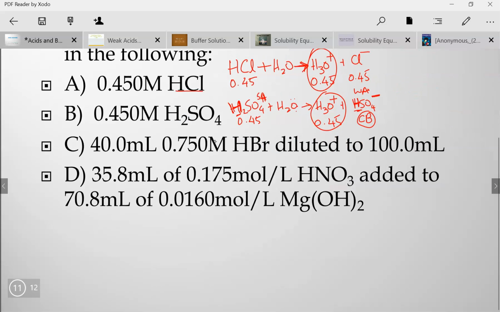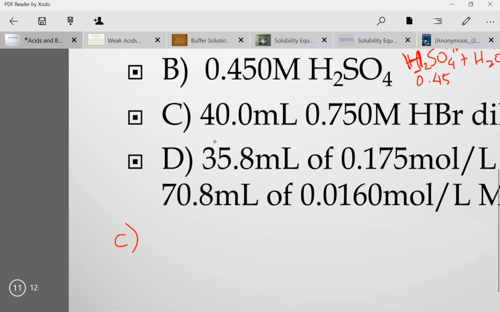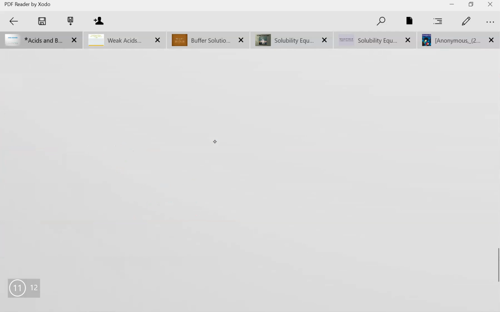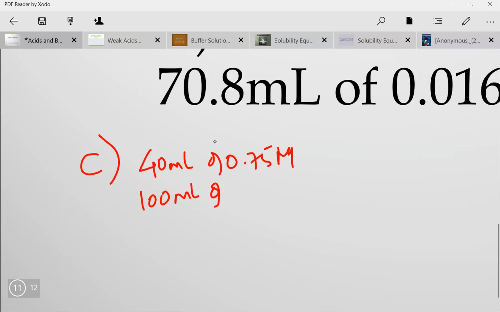So here, part C is just a small dilution question. It says 40 mL of 0.75 molar diluted to 100 mL, so we have to figure out our new concentration, which we can do using C1V1 equals C2V2, which is our dilution equation.